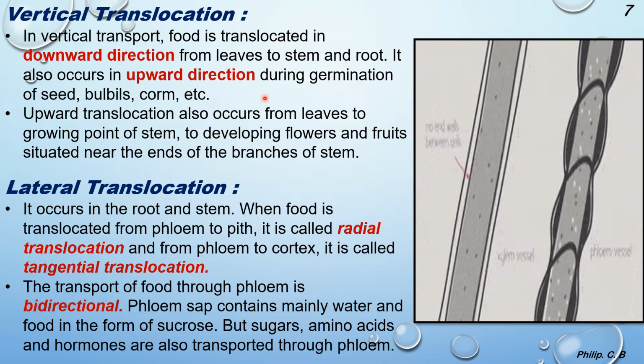So now onto the second part of the animation, you can see movement down and up. Why is it upward? Just now we learned it is in the downward, descending direction, right? But here it is seen upward. Reason?